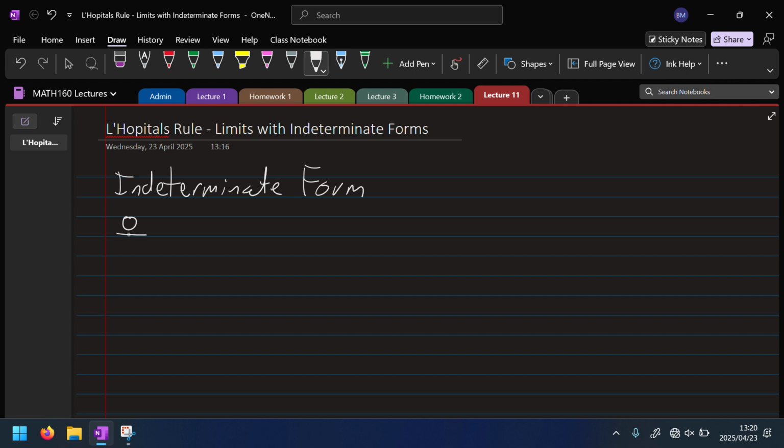We have 0 divided by 0, infinity over infinity, 0 times infinity, infinity minus infinity, 0 to the 0, 1 to the infinity, and infinity to the 0. These are all indeterminate forms, which means just given that, you can't really tell what the value is. There's some more work you have to do to figure out the value.